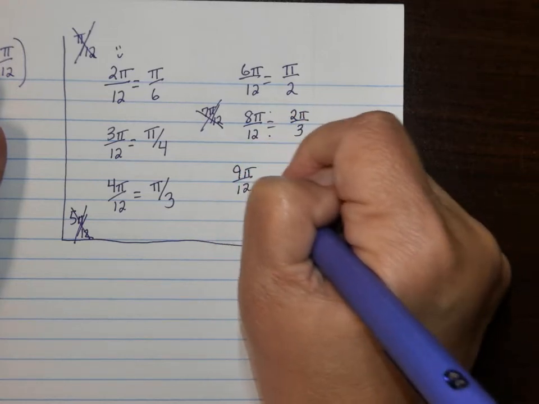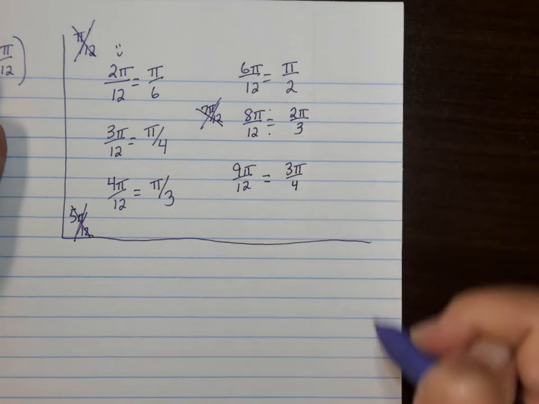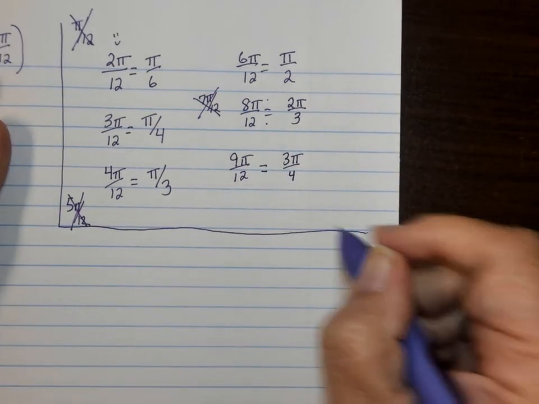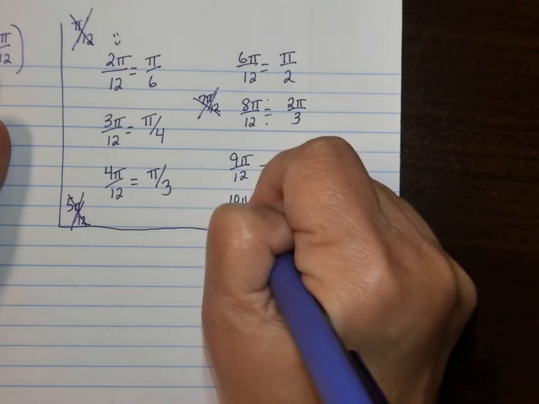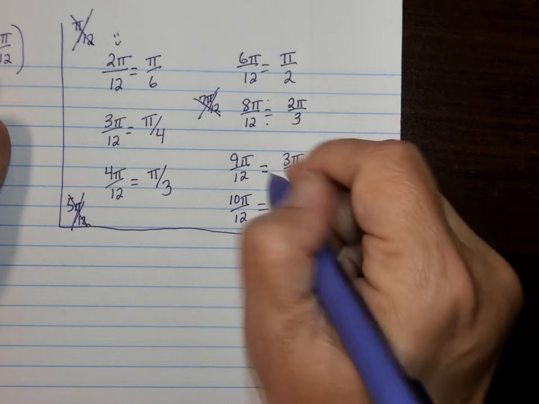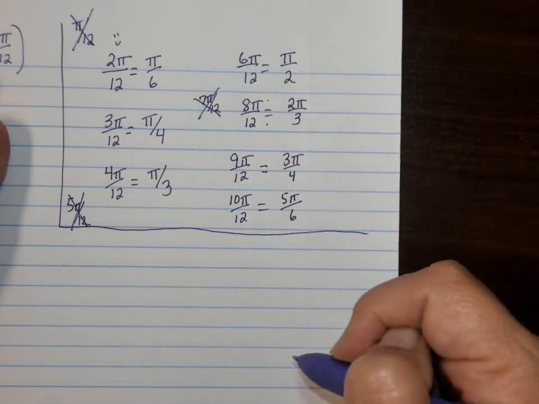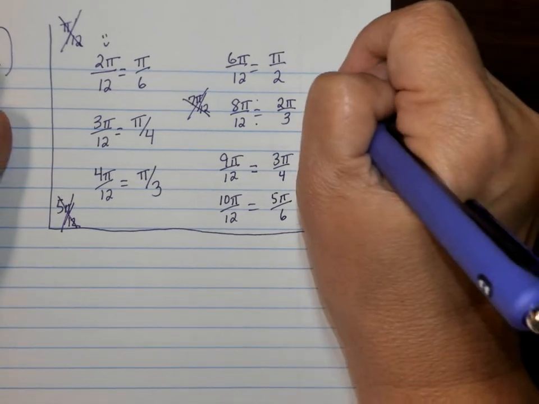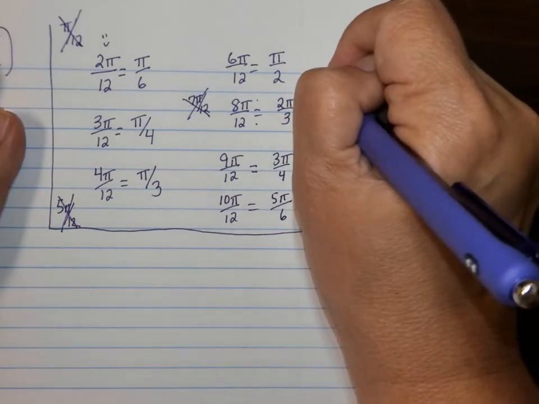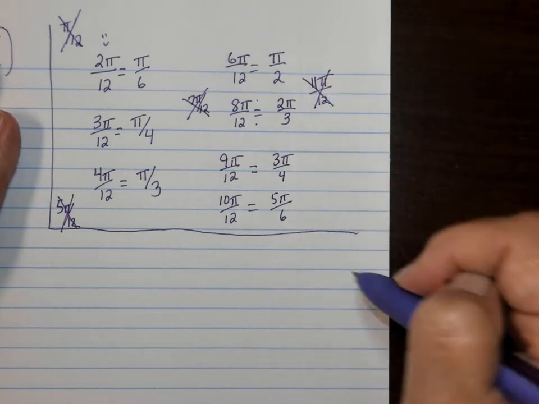Divide by 3 over 3. 3 pi over 4 on the unit circle. Happy, happy. 10 pi over 12. Divide by 2 over 2. 5 pi over 6. Yes, it's on the unit circle. That's lovely. 11 pi over 12. No, not helpful.